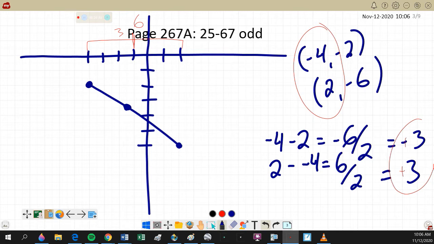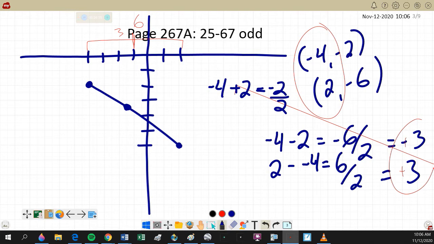So distance uses subtraction. Averages use addition, right? What is the average of -4 and 2? -4 plus 2 is -2, and then I cut that in half. Why do I cut it in half?